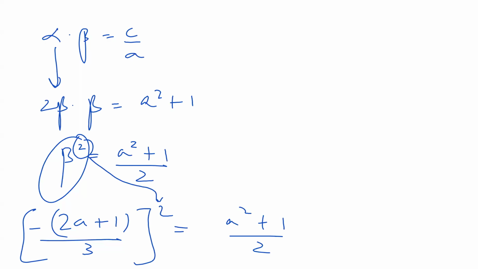Let's go to question number 17, sub question 2. Determine k if one of the roots of the equation is double the other. So alpha is equal to twice beta.